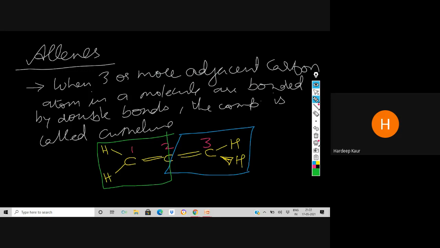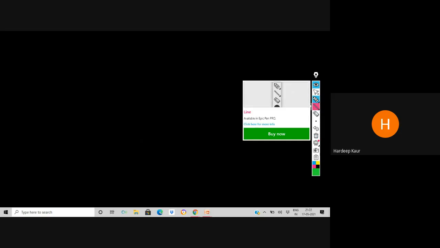Okay. So the terminal methylene groups of allene are perpendicular to each other. So these two methylene groups, they are perpendicular to each other, and so let us understand this by drawing the orbital diagram. So suppose we have this carbon. So the center carbon is having the p orbital, one in y direction and other one in the x direction.